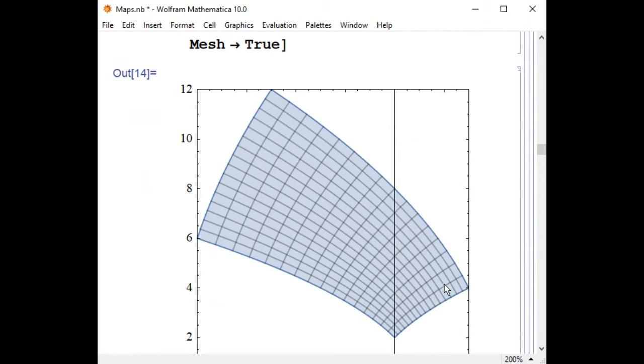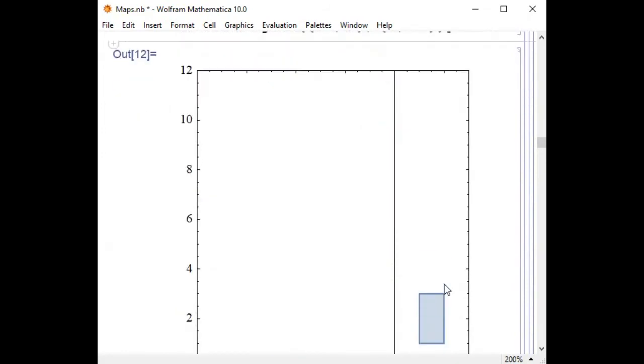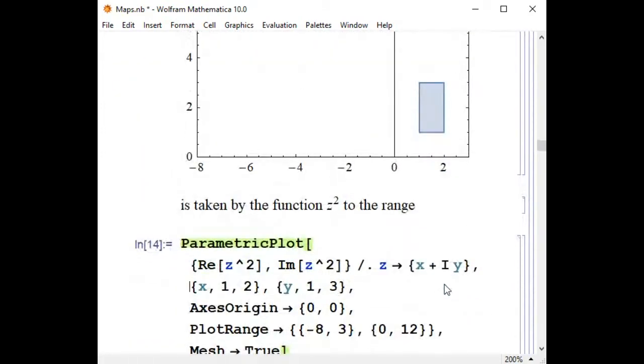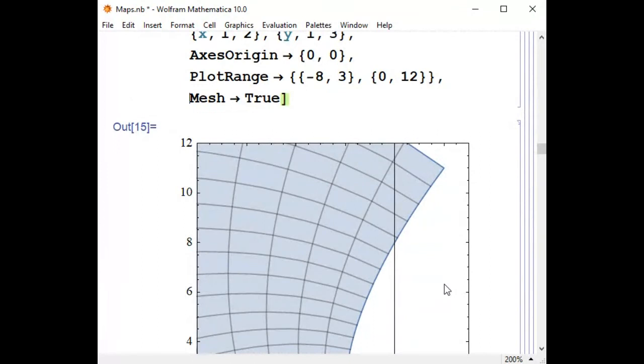This is a very, very important property of complex functions. And we'll see that for a number of different functions. Suppose that I wanted z cubed. All right, now this is going to be a little bit off because I had originally made this graph so that it would fit right. And see, now it doesn't fit anymore. But you can see that these curves, again, make right angles.